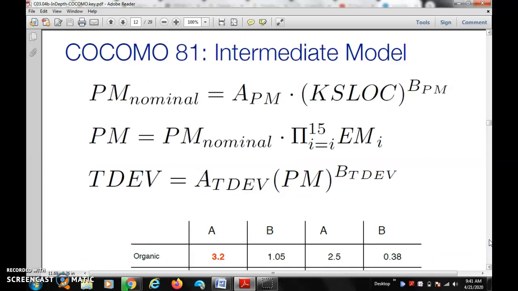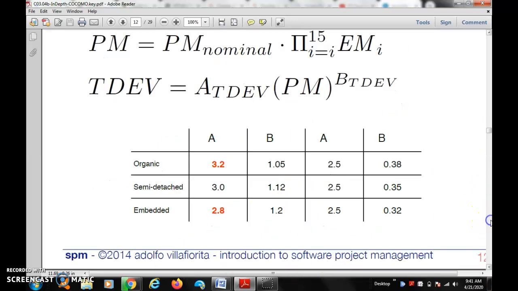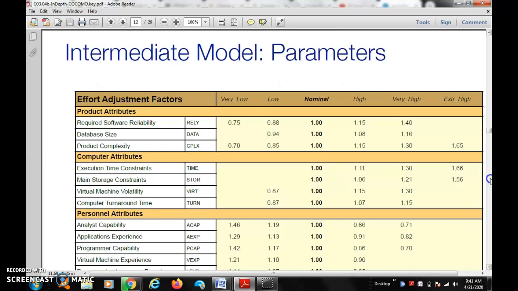So here is the COCOMO 81 intermediate model, and some formulas are there. Based on these formulas you have to calculate the given values for organic, semi-detached and embedded. Based on that you have to calculate the effort adjustment factor, that is product attribute, computer attribute and personnel attribute. Here the ratings are very low, low, nominal, high, very high and extra high.